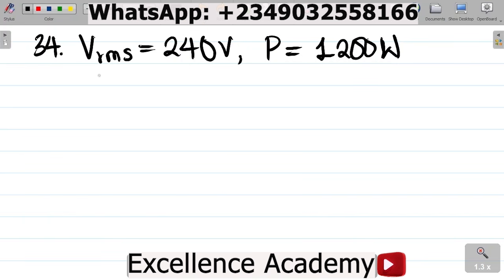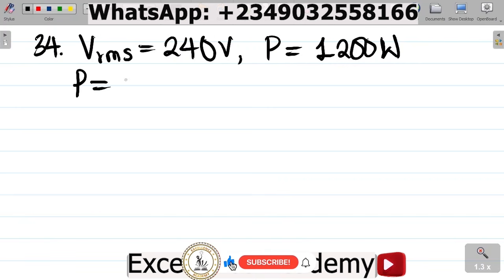Now, having said that, the first thing I want to do here is get the Vmax. In calculating power, we don't use VRMS, we use Vmax. Because power, as we know, is equal to current times voltage, but the voltage here is the maximum voltage or peak voltage, not RMS voltage.